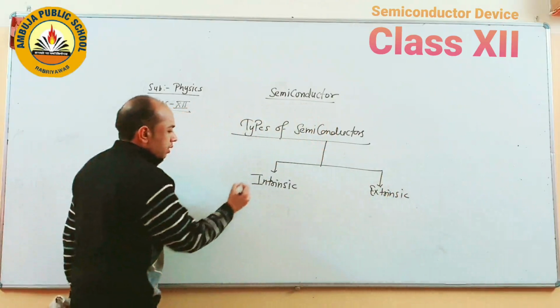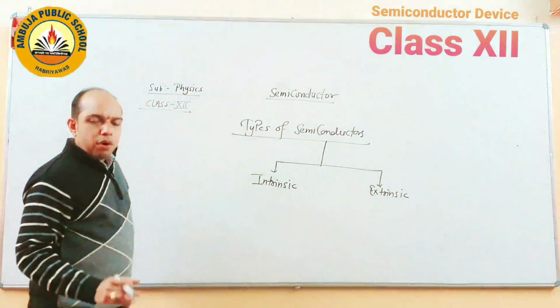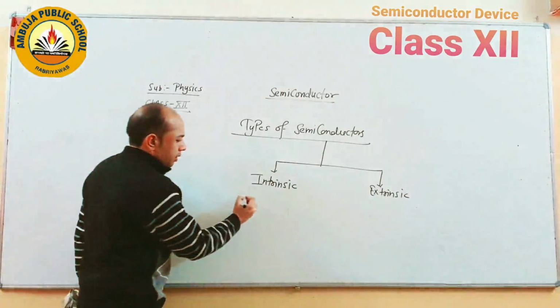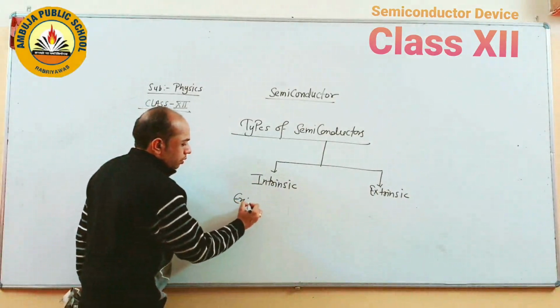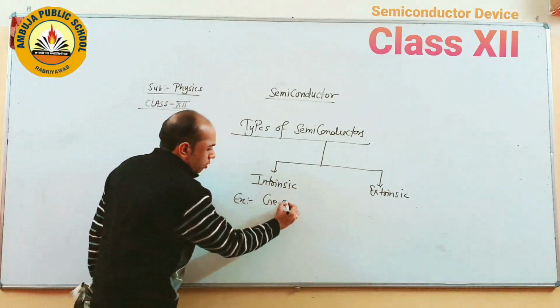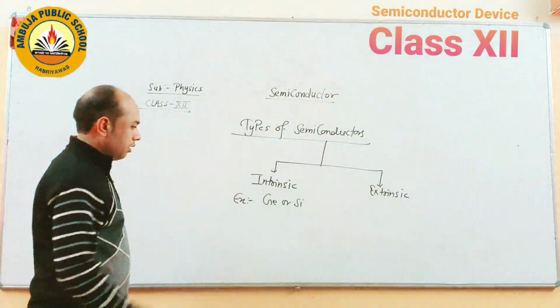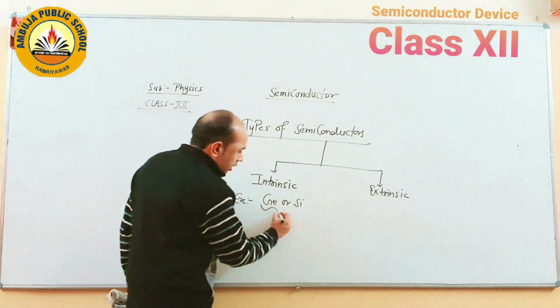In an intrinsic semiconductor, pure germanium or silicon in natural form is called an intrinsic semiconductor, because it is found generally in nature.